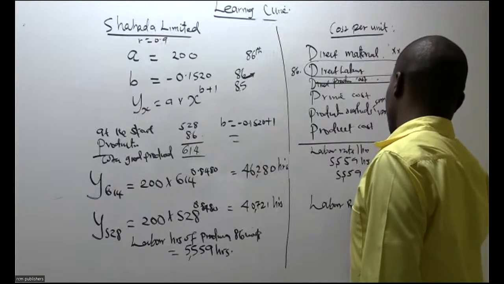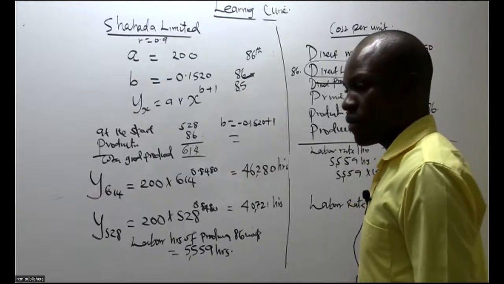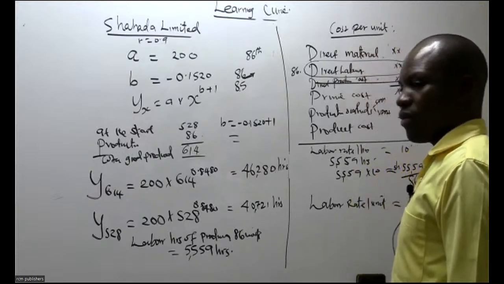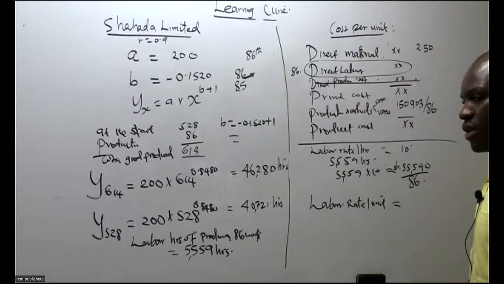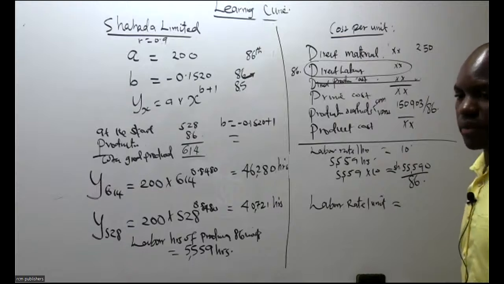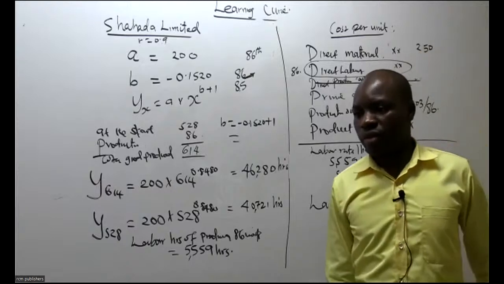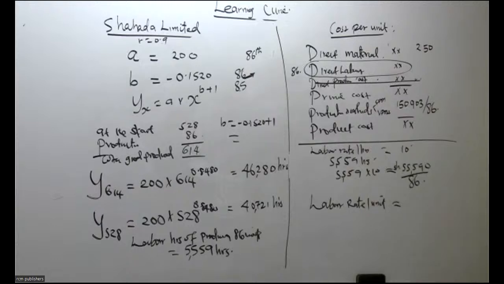So what will the labor rate per unit be? Tell me, if you divide the two, what will you have?